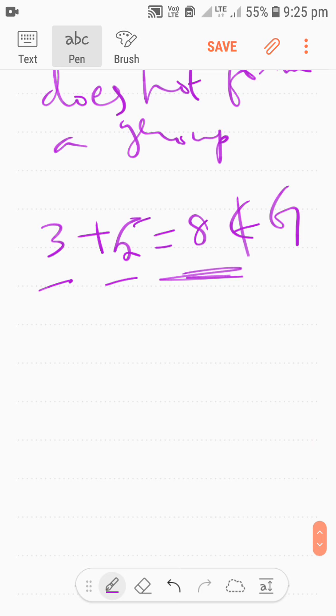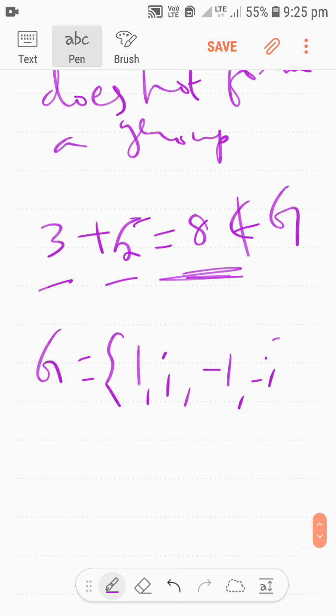The next example is G equal to {1, i, -1, -i}, an abelian group under usual multiplication, because G is the fourth roots of unity. Maybe they can ask like this: G is the fourth roots of unity, whether this is an abelian group or not.